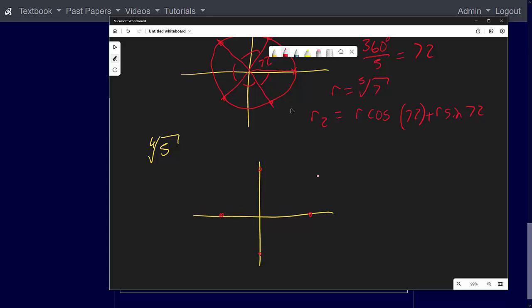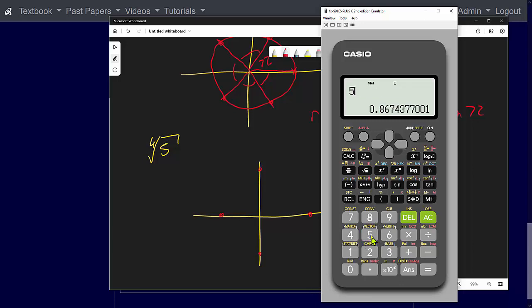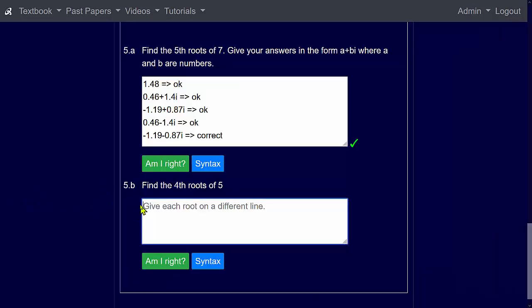So let's call up a calculator and ask for 5 to the power 0.25. You can do that, or you can do 1 divided by 4. I don't care. So that's going to be 1.5, isn't it, to 2dp? So the 4 roots here are going to be 1.5, minus 1.5, 1.5i, and minus 1.5i.